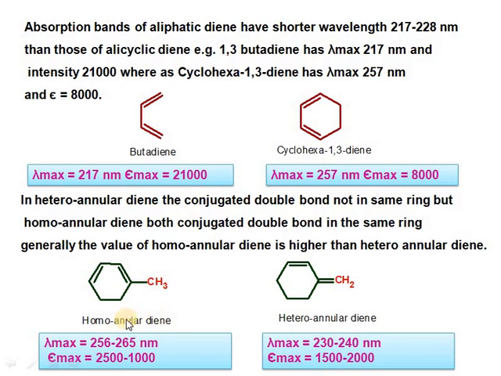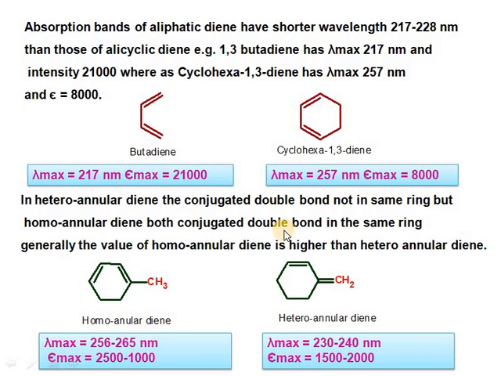But in homoannular dienes, the conjugated carbon-carbon double bonds are in the same ring. It means that in a heteroannular diene, one of the carbon-carbon double bonds is in a ring and one carbon-carbon double bond is out of the ring. Such a system is called a heteroannular diene. When both carbon-carbon double bonds are present in a ring, it is called a homoannular diene.